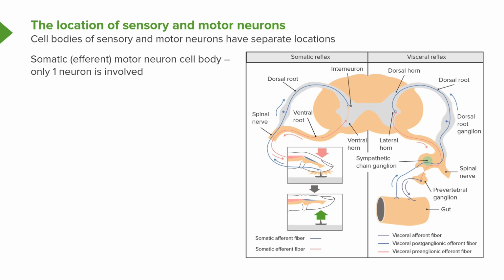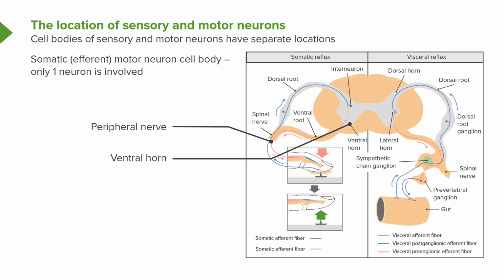I want you to first concentrate on the left-hand part of the figure, the bit that talks about somatic reflexes. And we'll talk about the visceral reflexes later on. Picture the peripheral nerve on the outside, and also picture the ventral horn here in the grey matter.